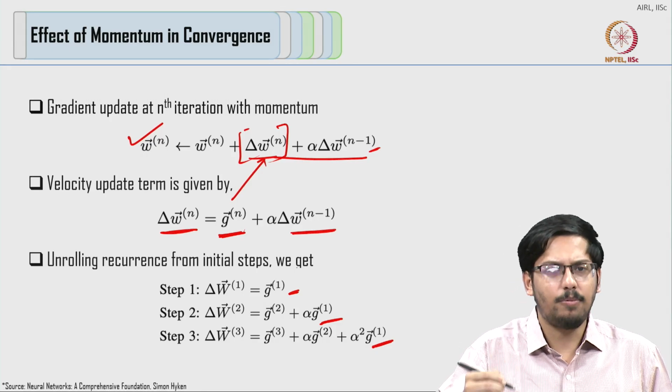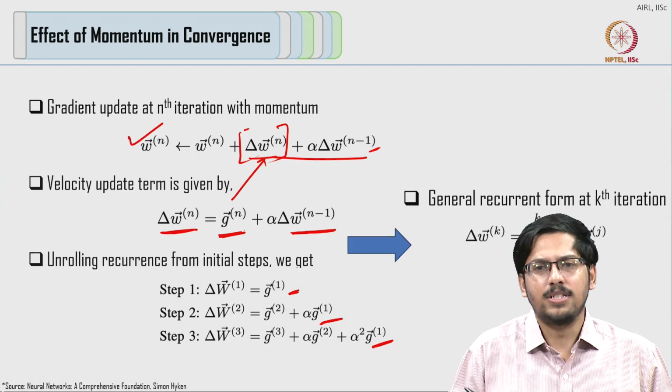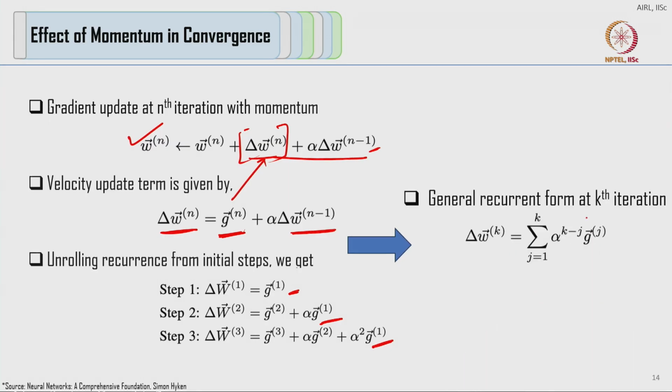And this can keep iterating till the nth iteration. So now let's look at the general form at, let's say, the kth iteration. At the kth iteration, delta W at the kth iteration is given as the summation over j from 1 to k of alpha to the power k minus j times g of j, right?